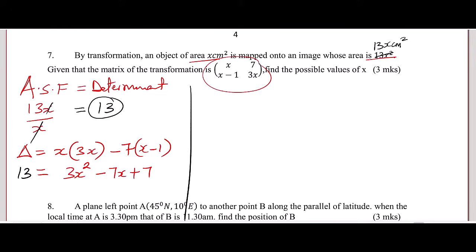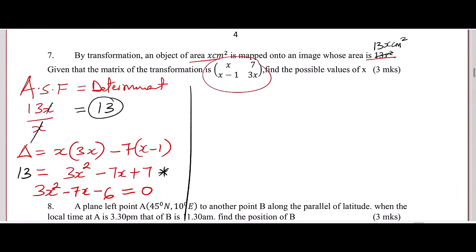Now when you look at this, you notice that you can reorganize it to form a quadratic equation. So I'll reorganize this. So you'll have 3x squared subtract 7x. Then this one you can take 13 to the right hand side, and this will give negative 6 is equal to 0.